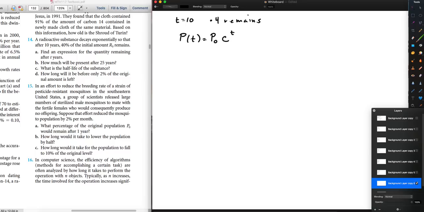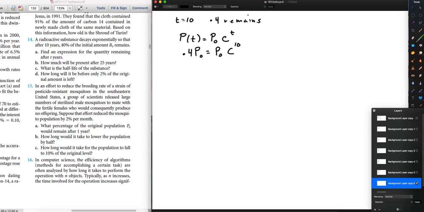So I have t, and I have a percentage of my original amount left. So over here is going to be 0.4 times P0, P0 C to the 10, that happens 10 years later. This represents the 40% of the original that's remaining.